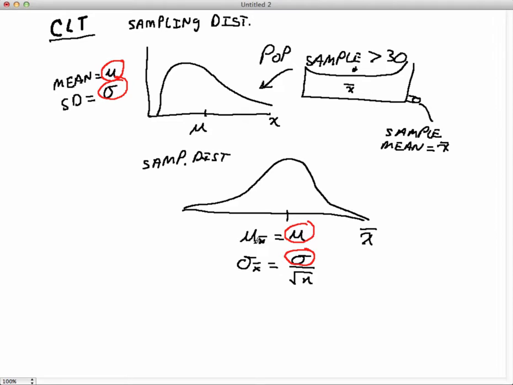Now, key things written down in English. First symbolics, then we'll go English: the model of the sampling distribution is going to be approximately normal, depending on the sample size. It gets closer and closer to normal the bigger the sample is, with mean mu and standard deviation of sigma divided by the square root of n, again, where that's mu and sigma from the original population we were sampling from.